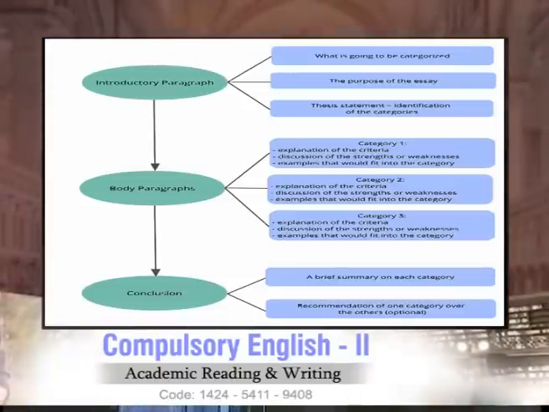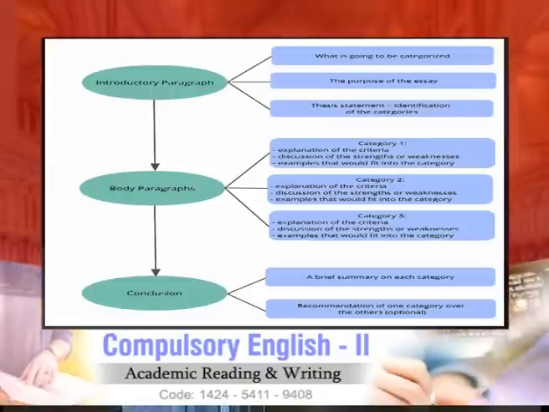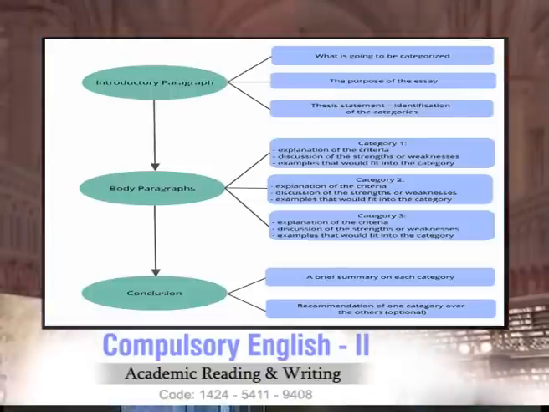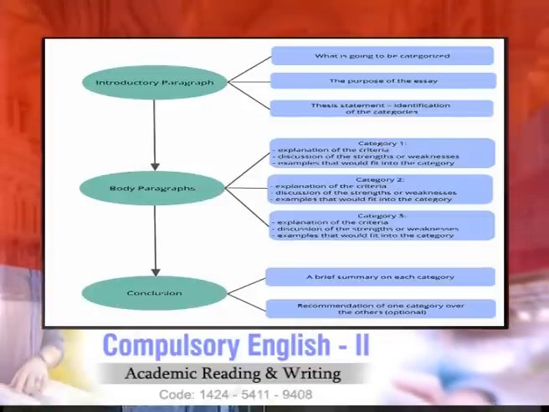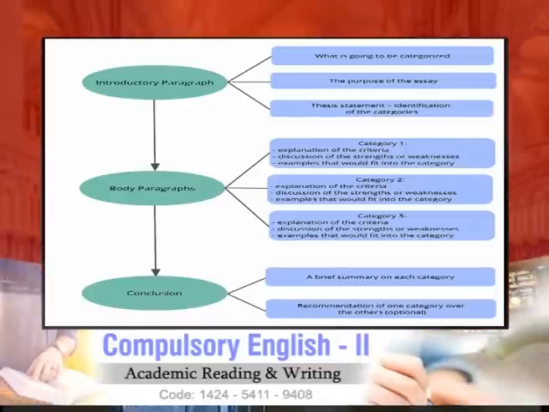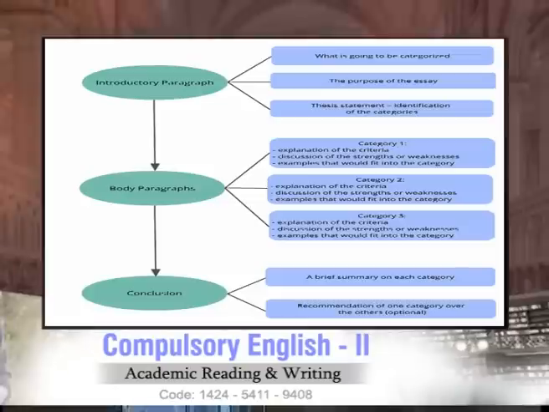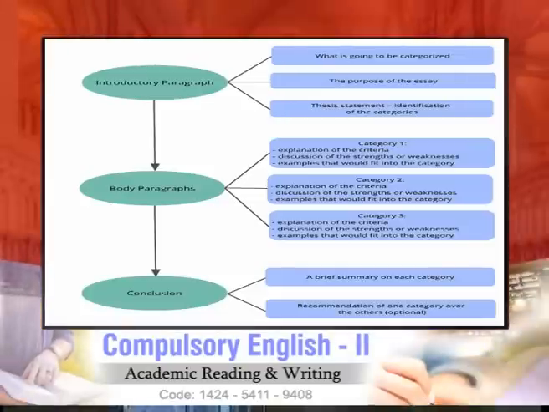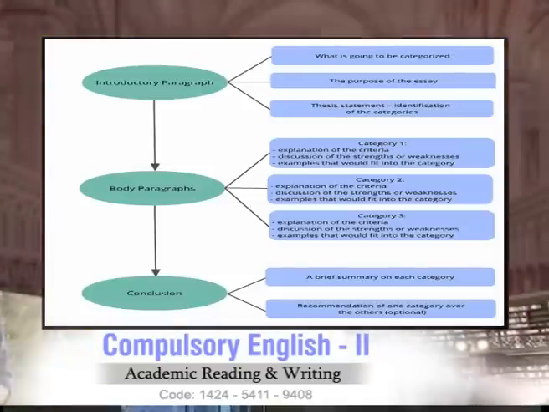Now, when you look at this tree diagram on the screen, you'll see that the writer has classified introductory paragraph and then body paragraph and then conclusion, and then that classification is further divided into 3 further categories. So, dear students, this much will help you to write using classification.